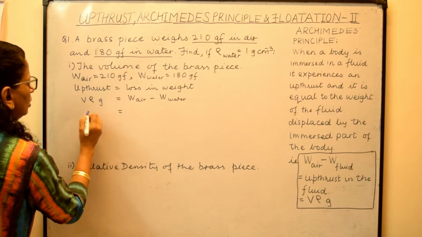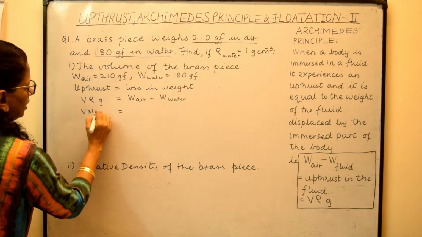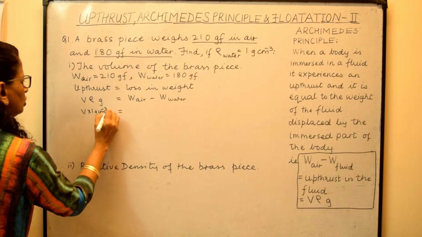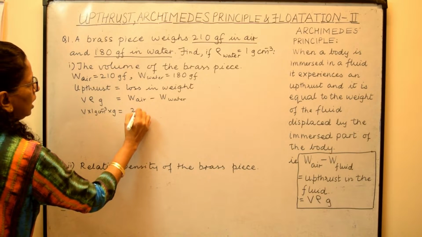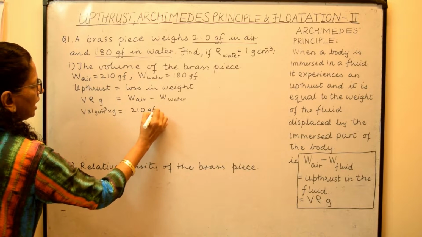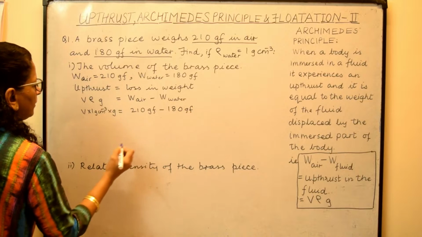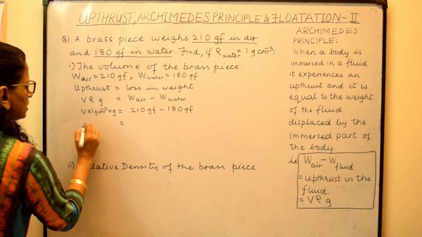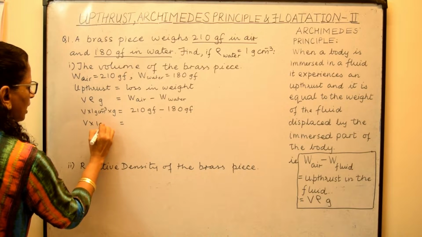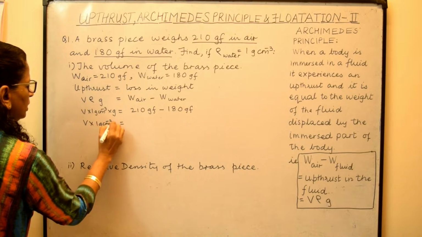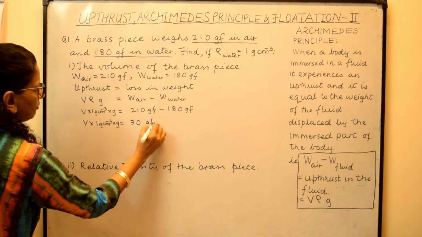And so we will have volume into 1 gram per centimeter cube into G is equal to 210 GF minus 180 GF. That gives us V into 1 gram per centimeter cube into G equal to 30 GF.